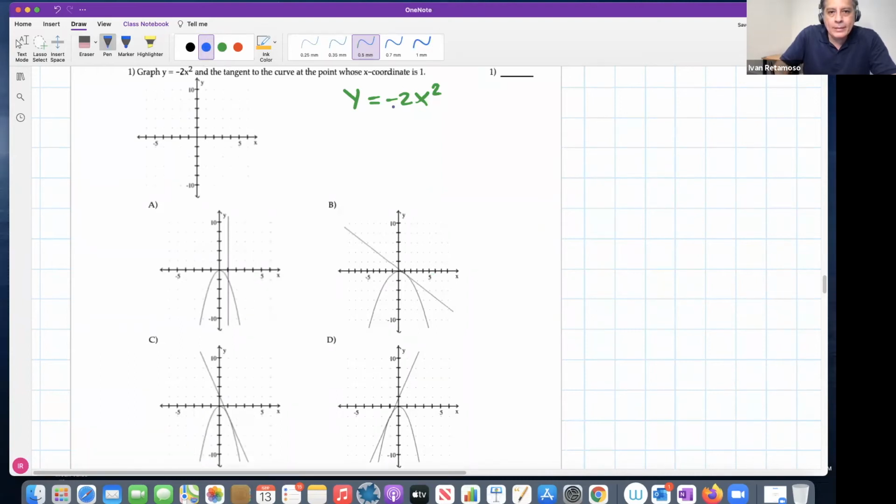When you see this negative sign, this means reflection. Reflect your parabola. The number 2 means a vertical stretch by a factor of 2, right? And this x squared is just a parabola.